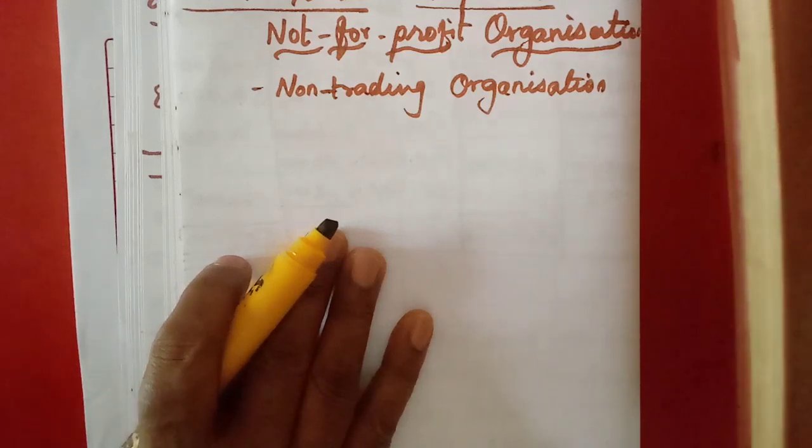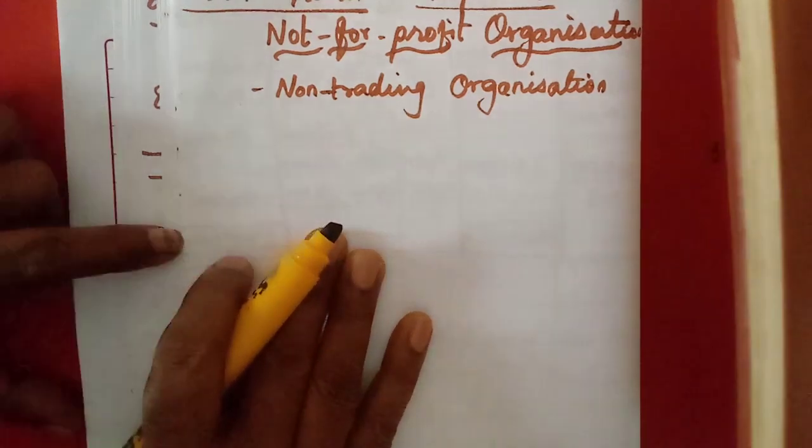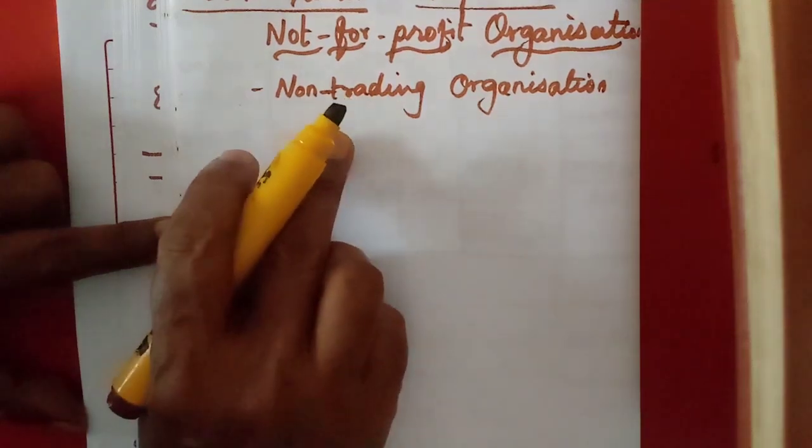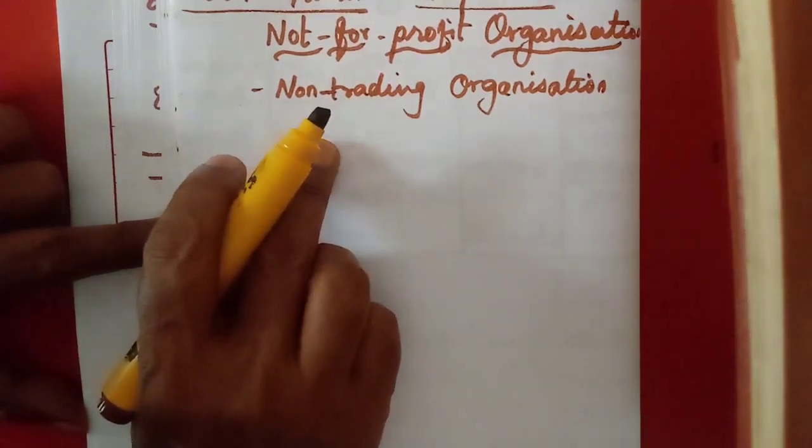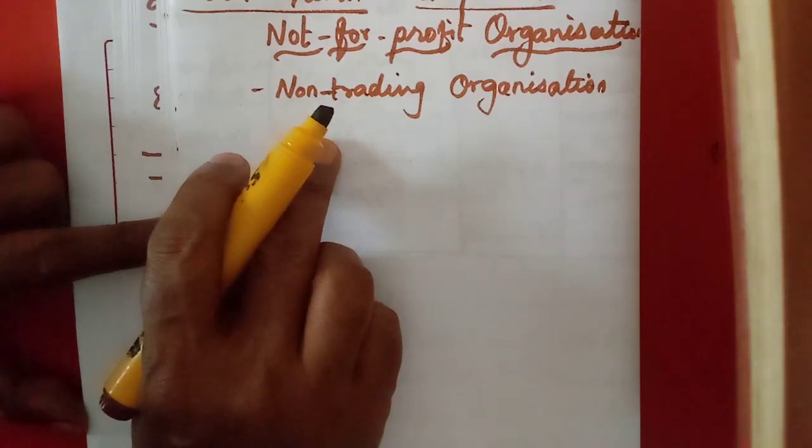Then what is their income? Here also they have to maintain books of accounts. To run any organization, we need money, isn't it? Financial requirements are there.